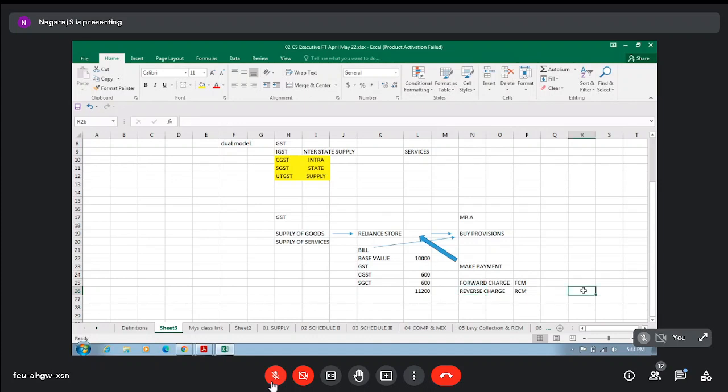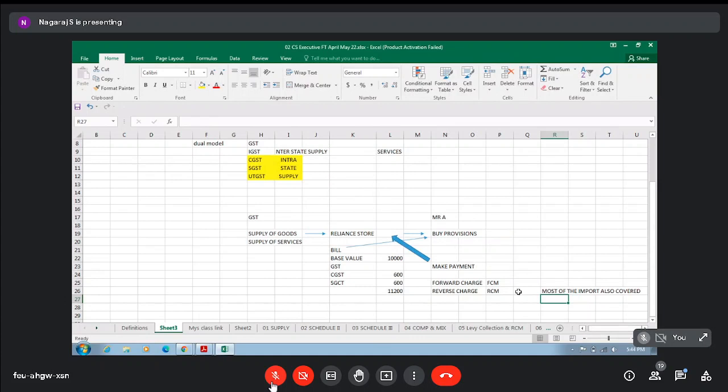Then in reverse charge, import is also covered. Most of the imports are covered under reverse charge. Why? I will tell you the logic.